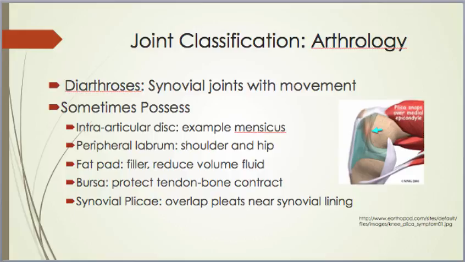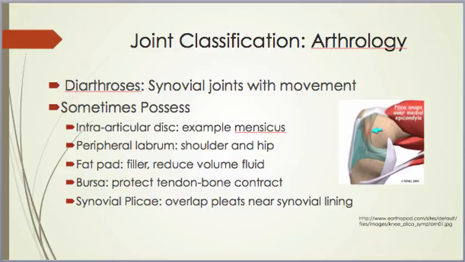Some joints have fat pads, which are essentially fillers to reduce the volume needed in the joint for the synovial fluid. Large joint capsules, such as the knee and the elbow, are where these are most predominantly found.